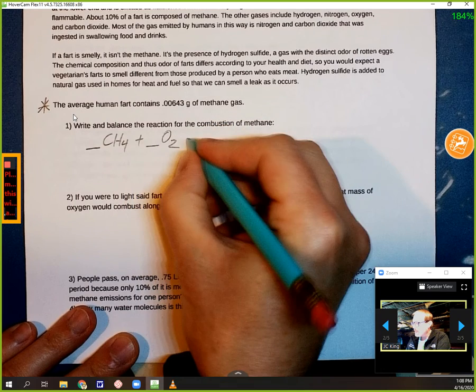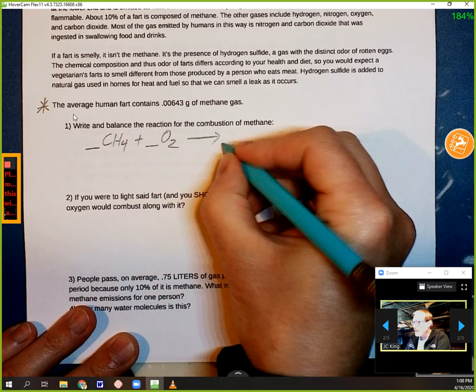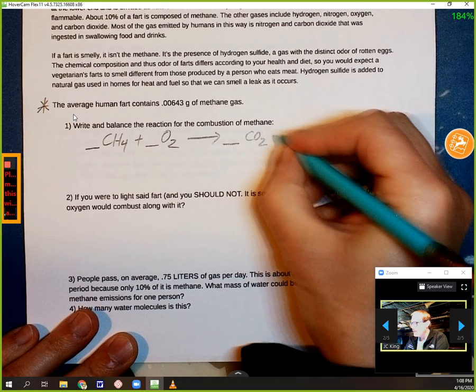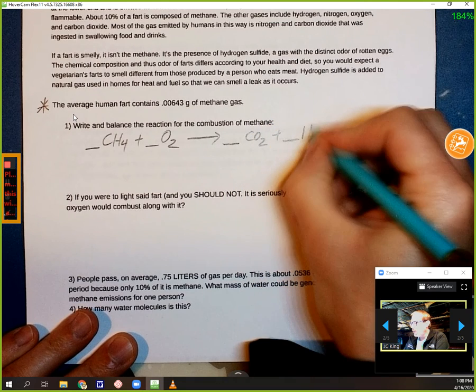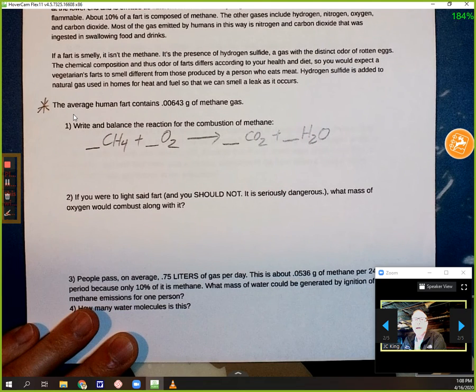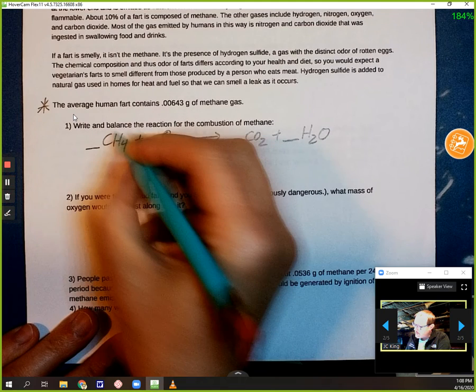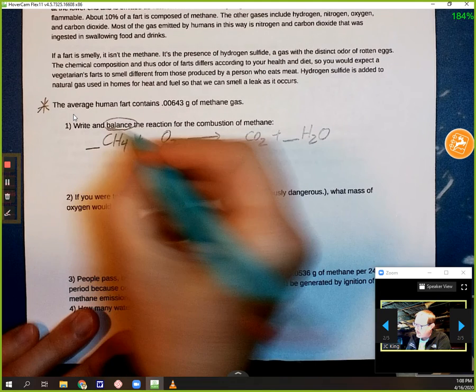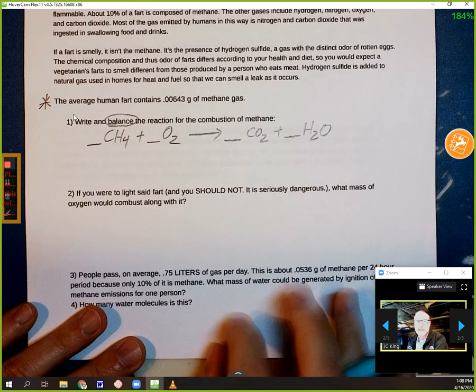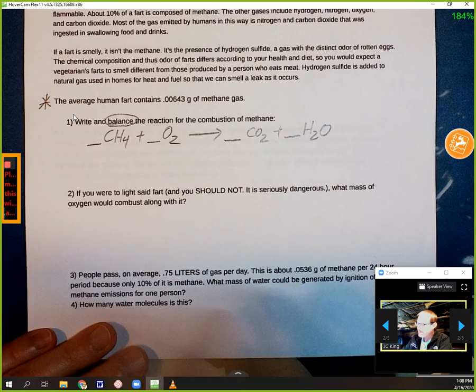In combustion reactions, your products are always carbon dioxide and water vapor, H2O. So that's your unbalanced equation. I will leave it up to you to balance that. So don't forget to balance that later on. Actually, we're going to have to balance it before we go on to number 2. Ah, darn it. Okay, fine.